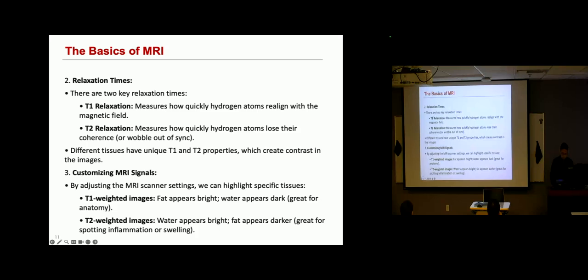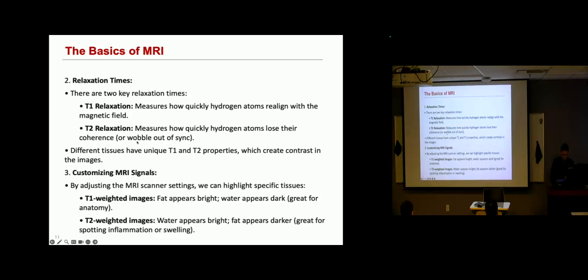For relaxation time, there are two key times we consider for MRI. One is called the T1 relaxation, which measures how quickly the protons realign with the magnetic field. The other is called the T2 relaxation time, which measures how quickly the hydrogen atoms lose their coherence.